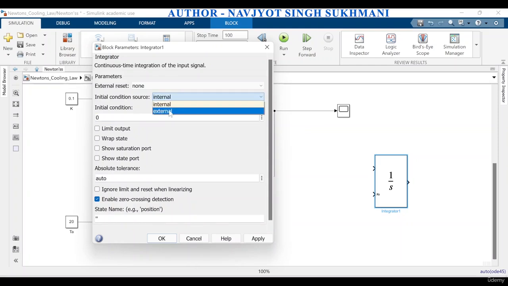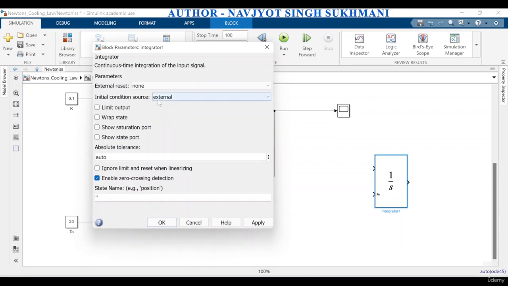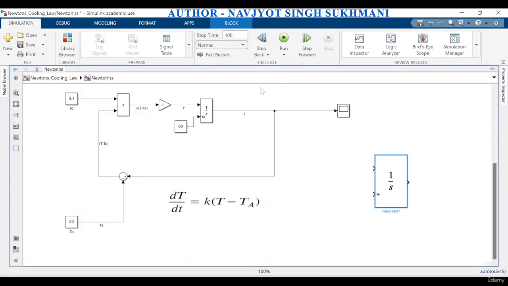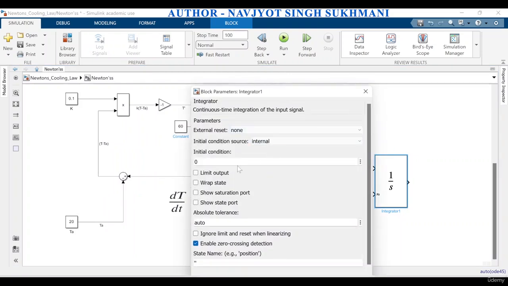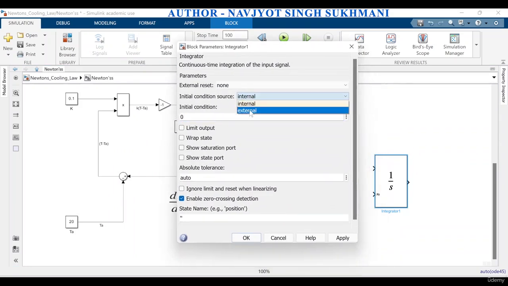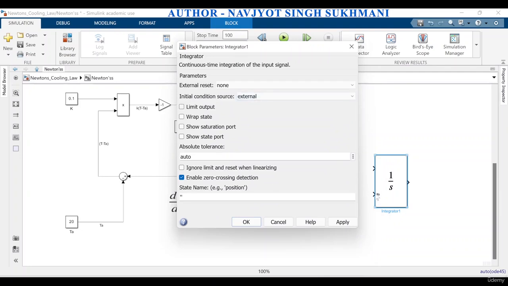If I make it internal and write 60, that also works. If I make it external and connect a constant or a mathematical equation, its output becomes the initial condition. The initial condition may change every time or may not. There are various ways of operation we can perform with this integrator.